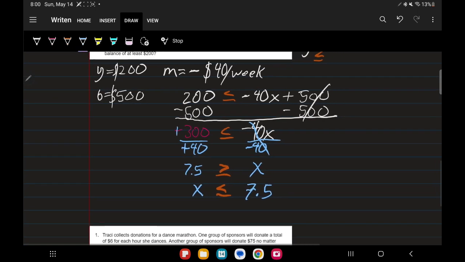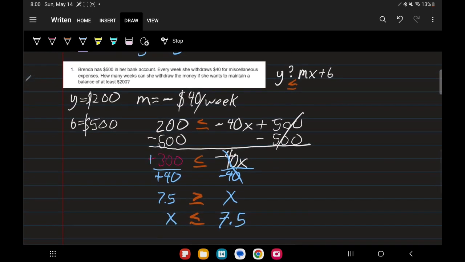And we can check. So if you're not 100% sure, pick a value for x that is less than 7.5. So let's pick one. Let's say x is equal to 1. And we can come back up here, and I get 200 is greater than or equal to negative 40 times x plus 500. So wherever x was, I put in 1.